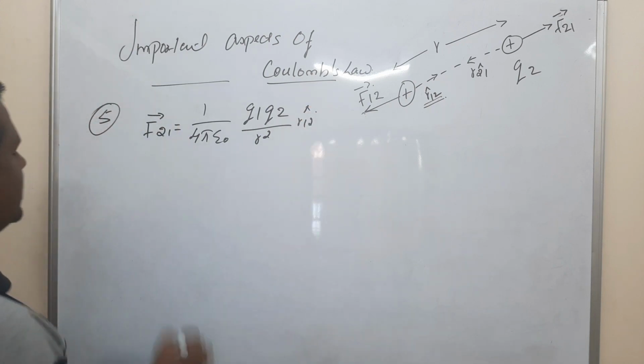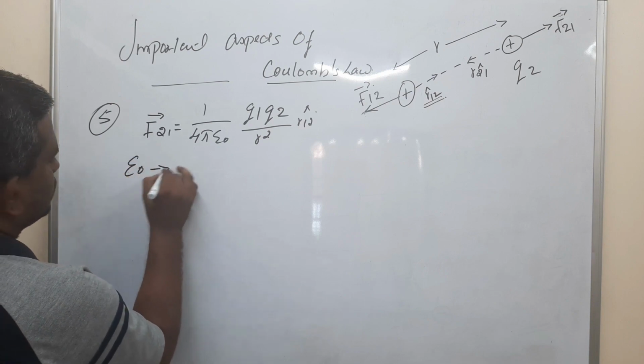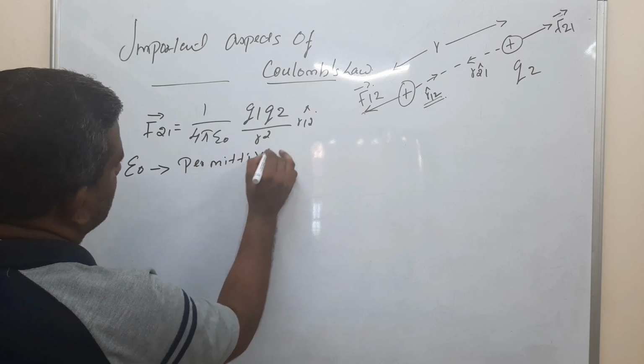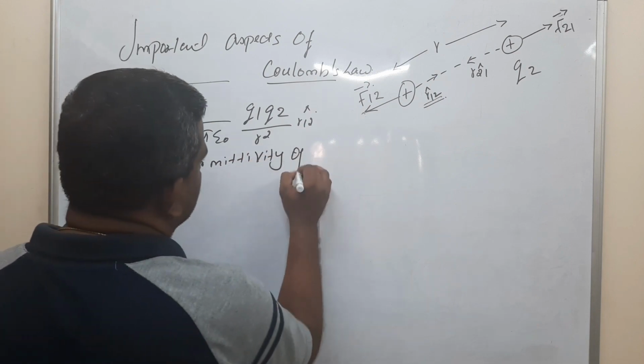Here epsilon 0 is the permittivity of free space, am I right? Permittivity of free space.